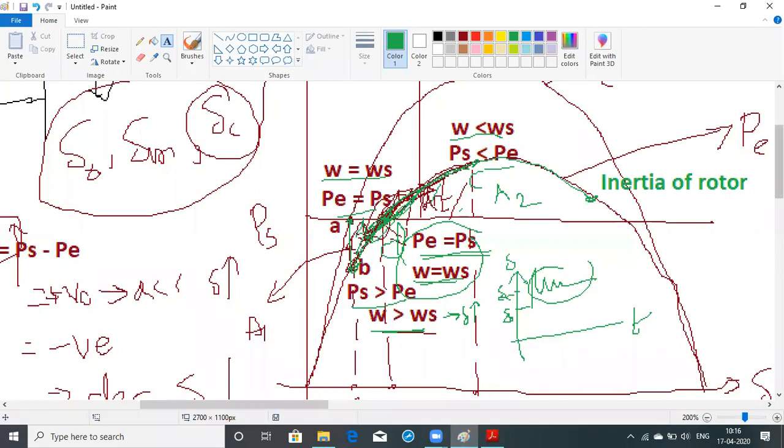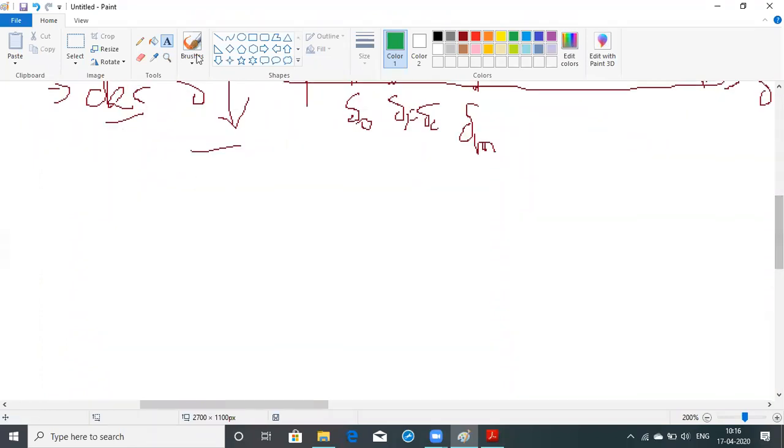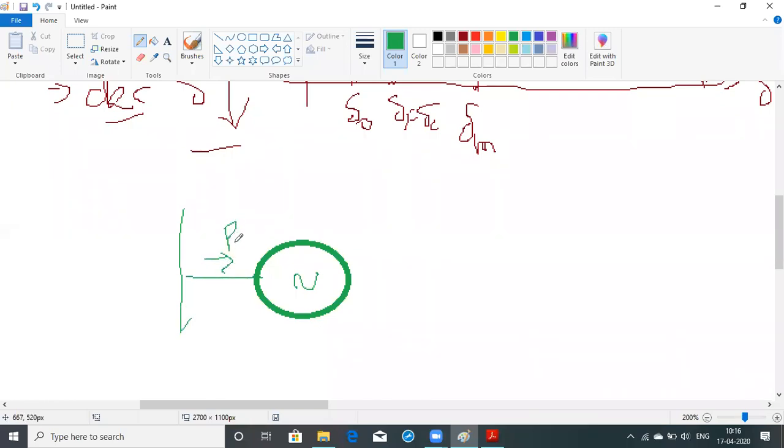You see, I will draw here. For example, if you have an AC motor, you are going to give it electrical energy, but it is going to provide you mechanical energy. So in this case, what is the accelerating formula?